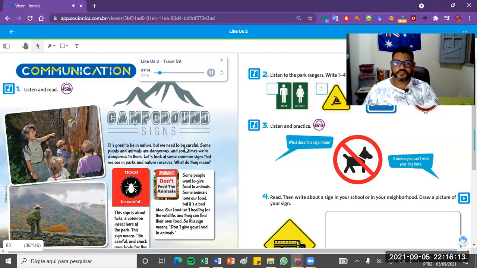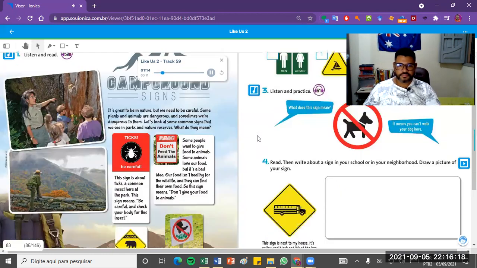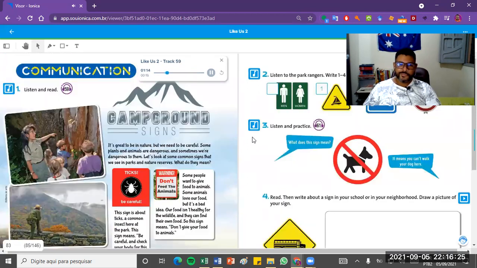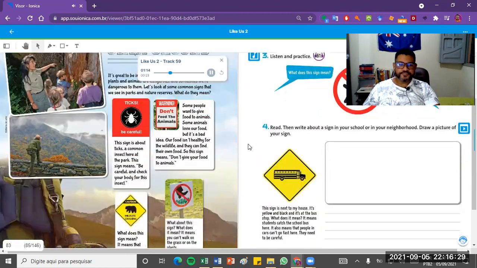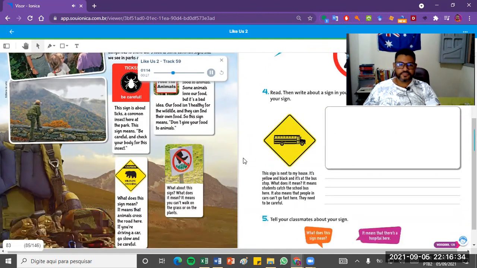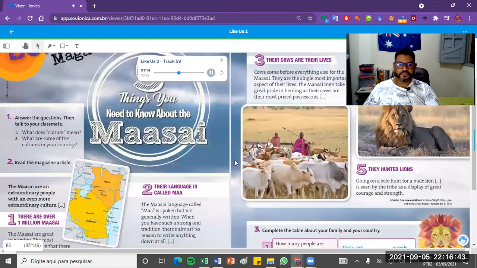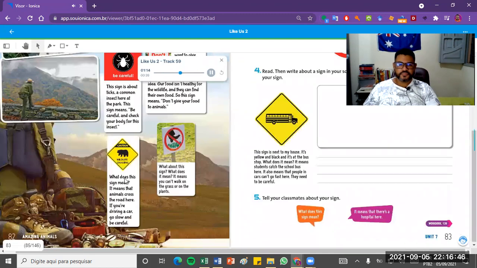It's great to be in nature, but we need to be careful. Some plants and animals are dangerous, and sometimes we're dangerous to them. Let's look at some common signs that we see in parks and nature reserves. What do they mean? This sign is about ticks, a common insect here at the park. This sign means be careful and check your body for this insect. What does this sign mean? It means that animals cross the road here.